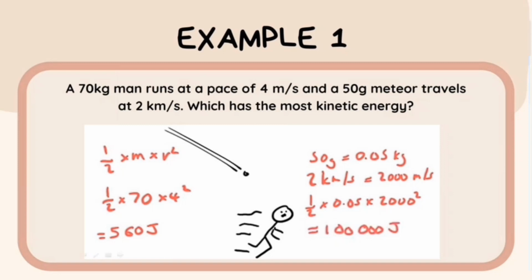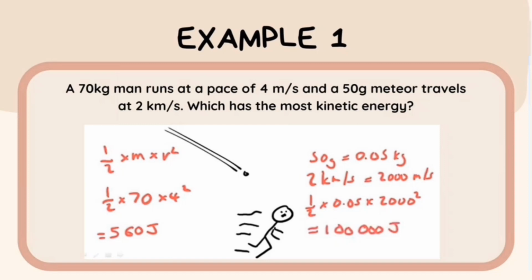And the second one is the meteor travels. They give us 50 grams of mass and 2 kilometers per second. Previously, I already stated the formula of kinetic energy. The mass is represented as kilograms and velocity as meters per second.